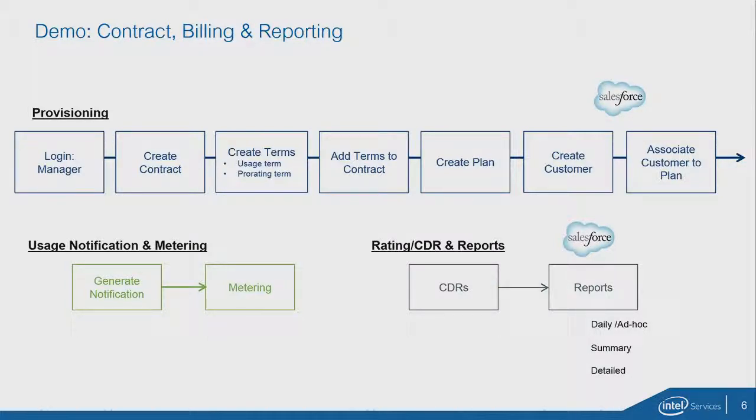So it's kind of like a product or a service catalog, right? The first few steps are all happening on the Intel platform. Basically, management of the subscription, management of the rate plan, and management of the contract, and so on.